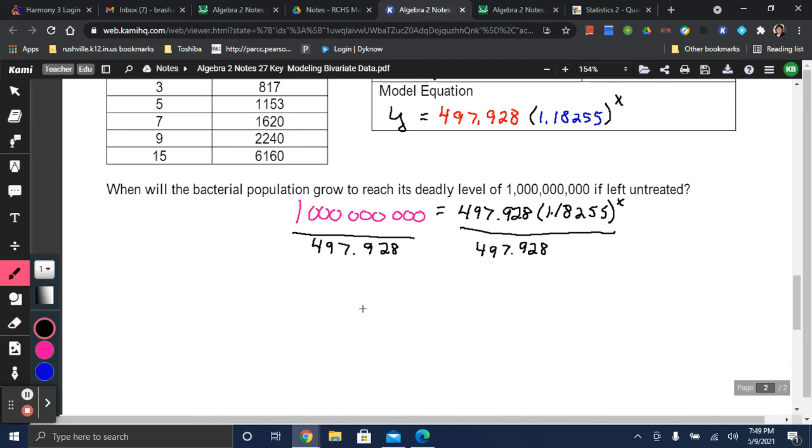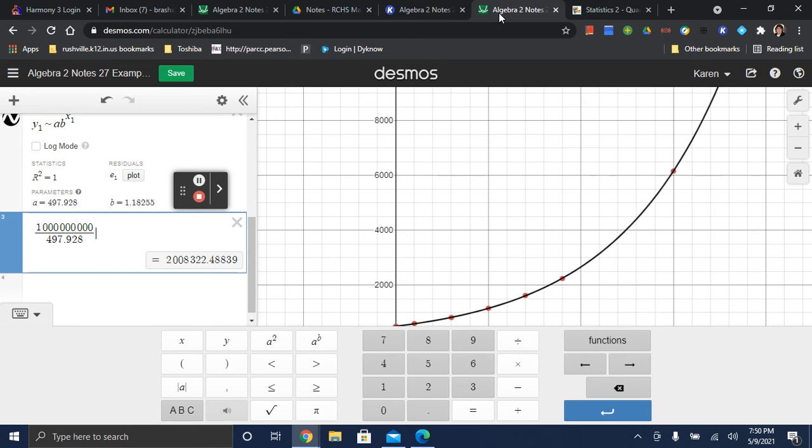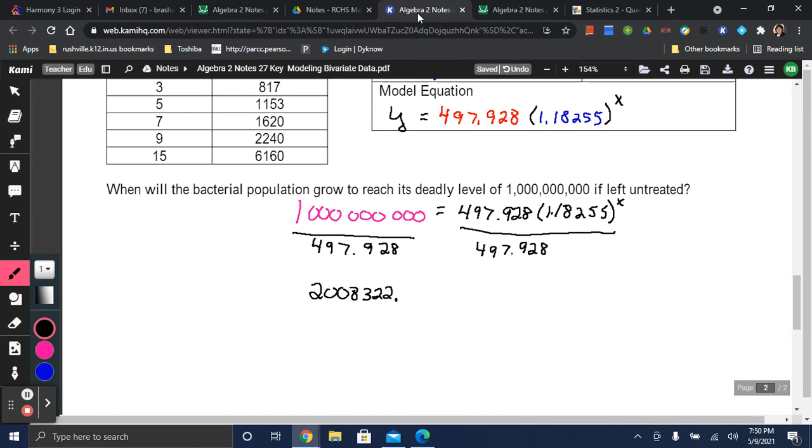And then there are some decimals. I'm going to go ahead and write down all those decimals. 48839 equals, and then this is gone.